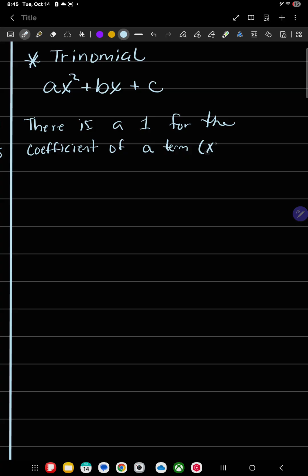You know, x squared, something squared. All right, you have to have a coefficient of 1 for the a term.